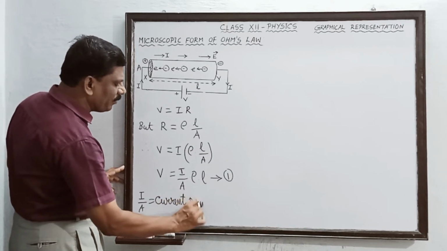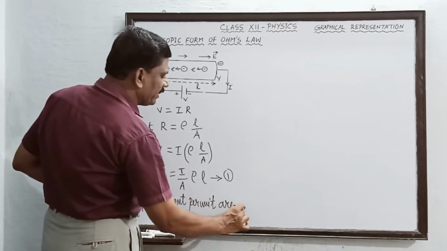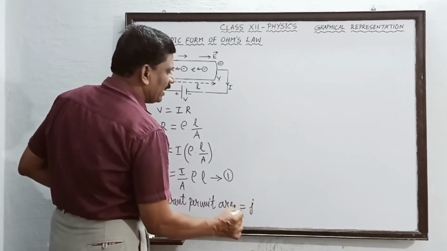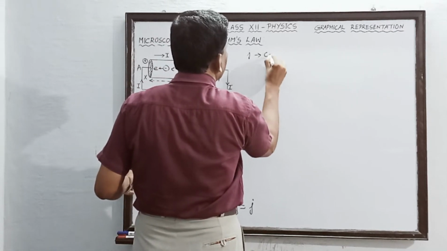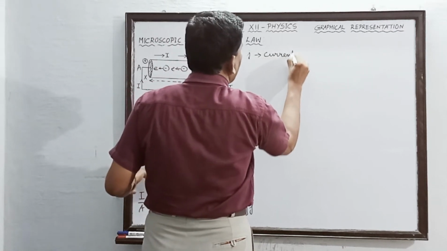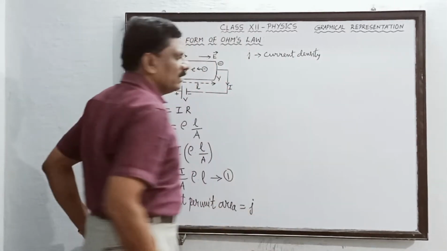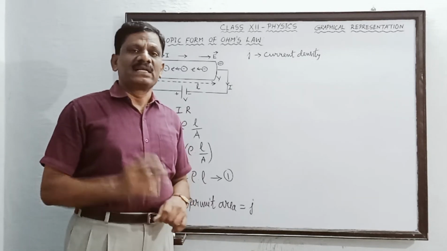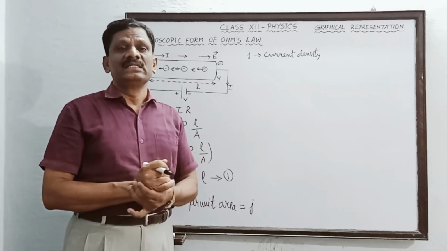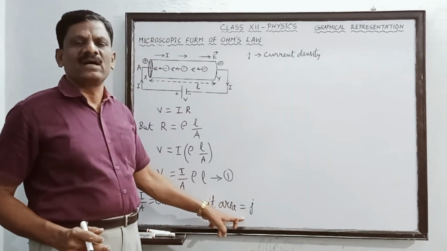This current per unit area is denoted by the symbol J, and this J is called current density. Now current by itself is a scalar quantity only, but current per unit area is a vector quantity. Therefore this J is called a vector quantity.